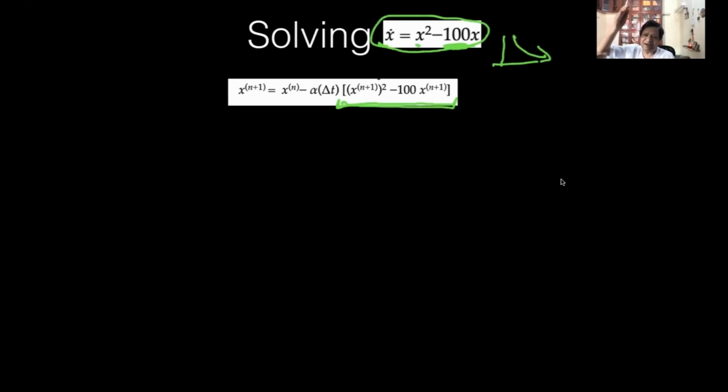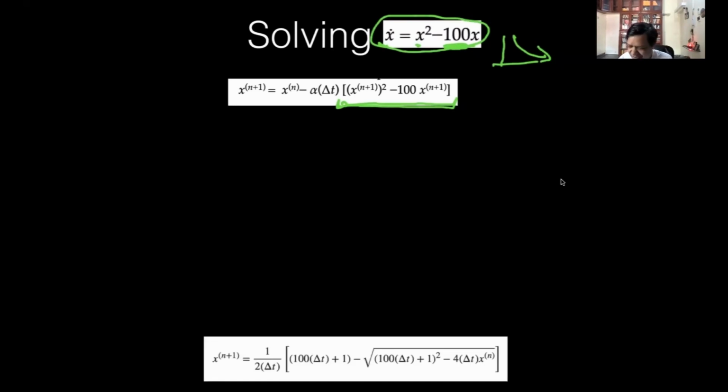Minus 100x is really a dampener. It dampens the solution very fast, so this is a damping solution. So we want the numerical solution also to decrease in time, and it turns out you should choose this solution, which is given below. The other solution, the quadratic solution, is in fact increasing in time. So that's what we need to do.